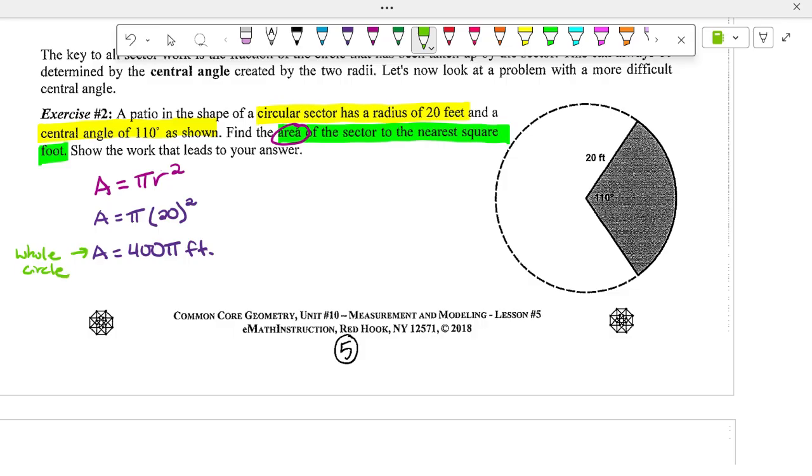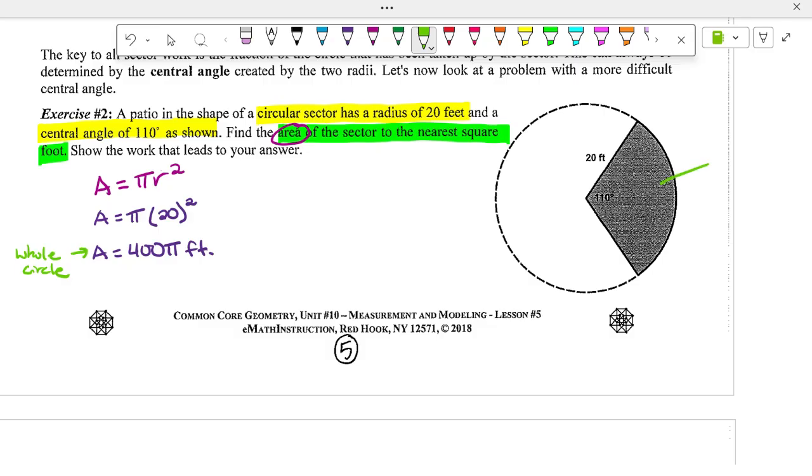Now, I want to know how big is the piece of the pie. How do I find it? We are going to use 110. I want to know how much of the circle, what fraction of the circle, this piece is. I do 110 over 360.